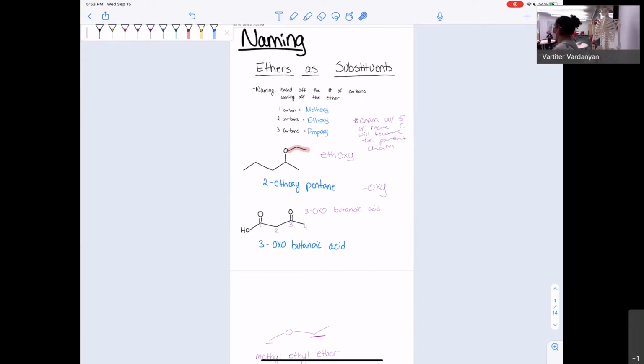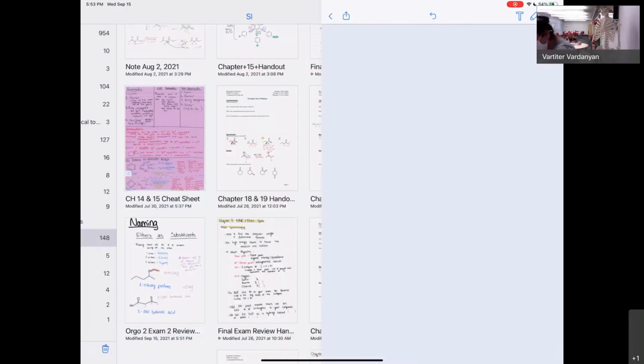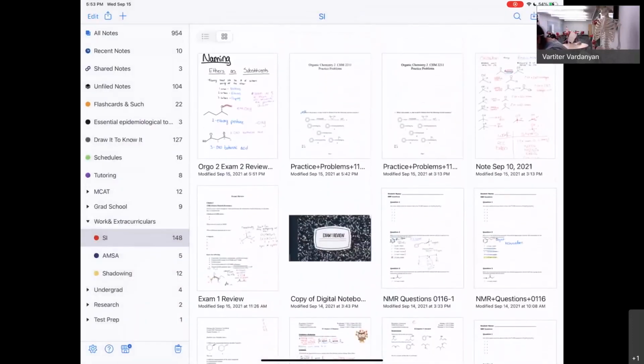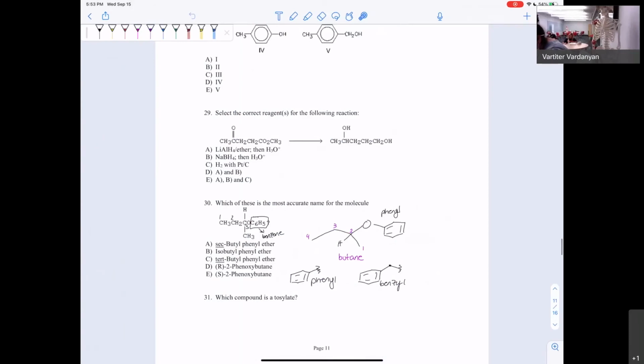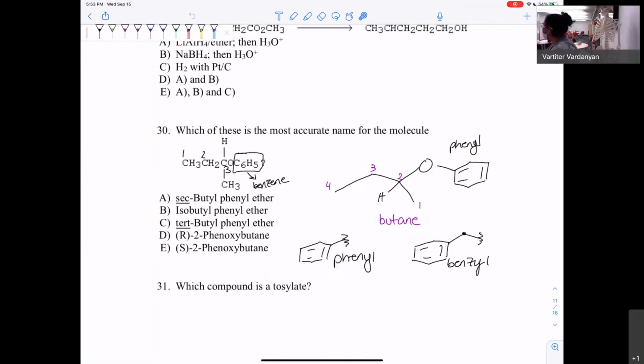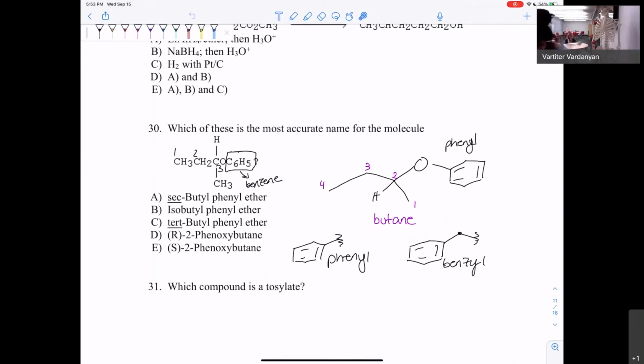So, naming ethers, is this okay-ish? The question was about the R or the S. I know. But I realized that there was the whole thing with the ether, and I was like, we haven't done that yet. So let's go back. Okay, 10 years later, let's answer this question.